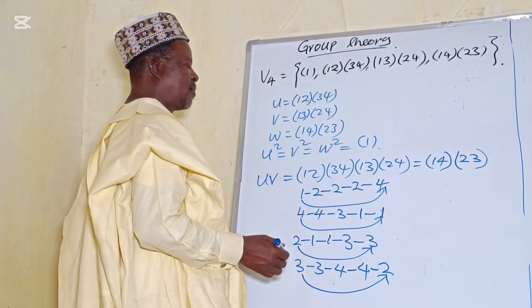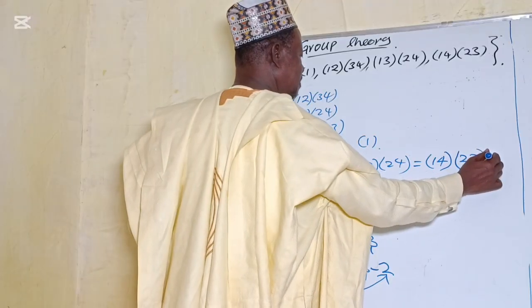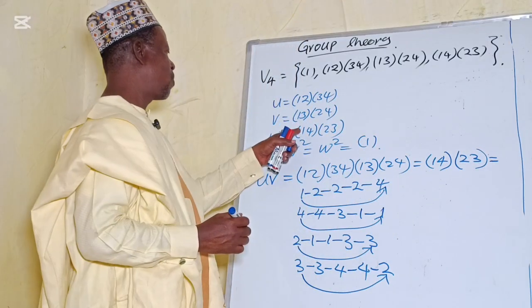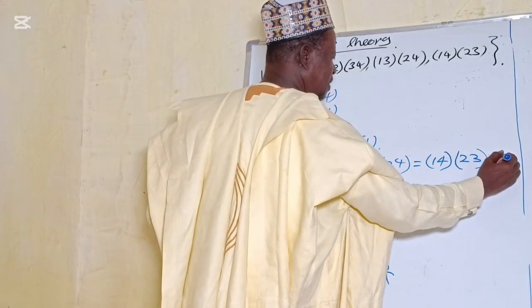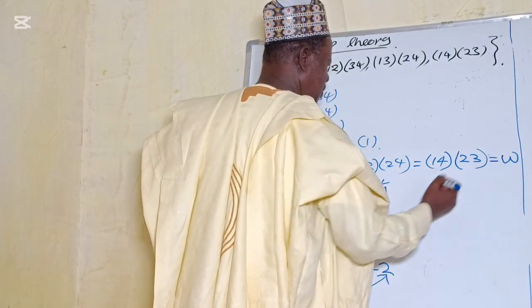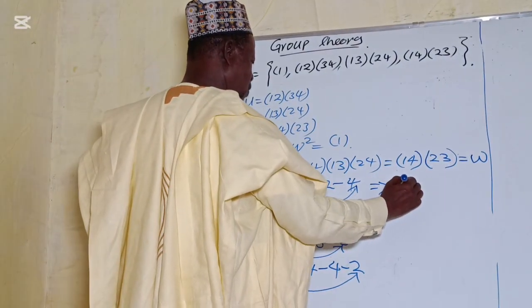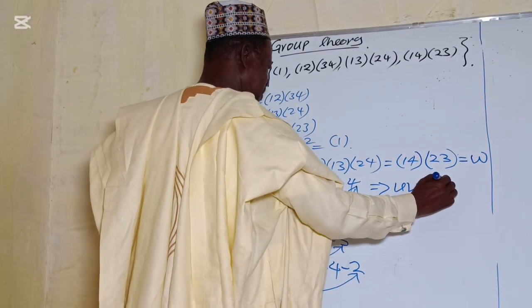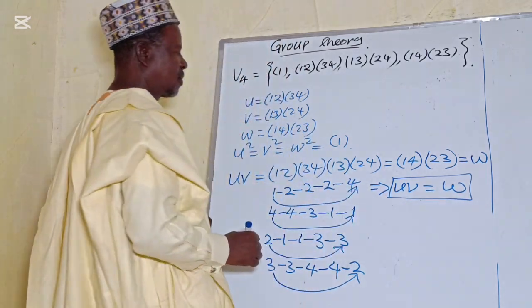So I have (1 4)(2 3). But what is (1 4)(2 3)? It is W. So this implies that U times V gives us W.